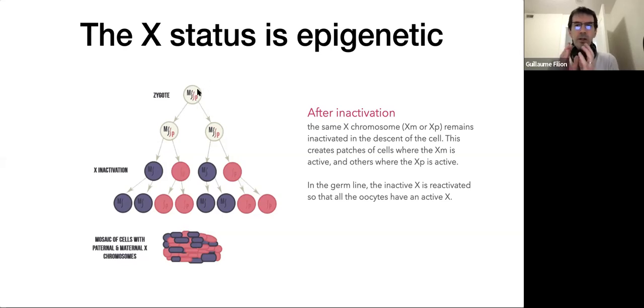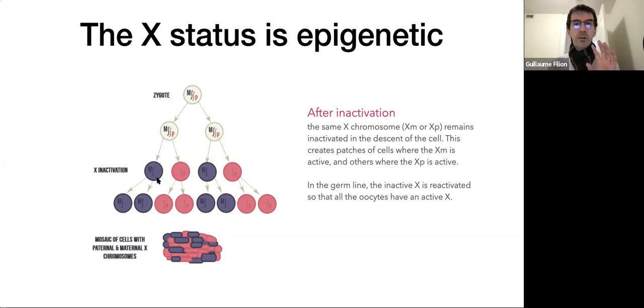So in the zygote, that's two active chromosomes, then they make a few divisions, and you still have an embryo with a few cells, let's say 32 or 64 cells, where both chromosomes are active. At some point, the X inactivation process happens, and you keep either one active or the other active. Okay, so that's the random inactivation process. So far, so good. We'll see how that works in a minute.